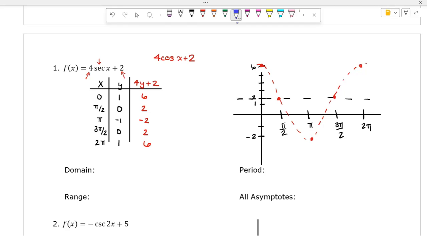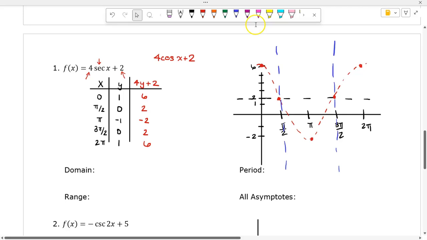So everywhere where this graph touches this midline that I drew right here, everywhere where the graph touches that, I have a vertical asymptote. Okay, so I'm going to draw those vertical asymptotes right there. And again, everywhere that the graph itself was opening down, I'm now going to change and open up.